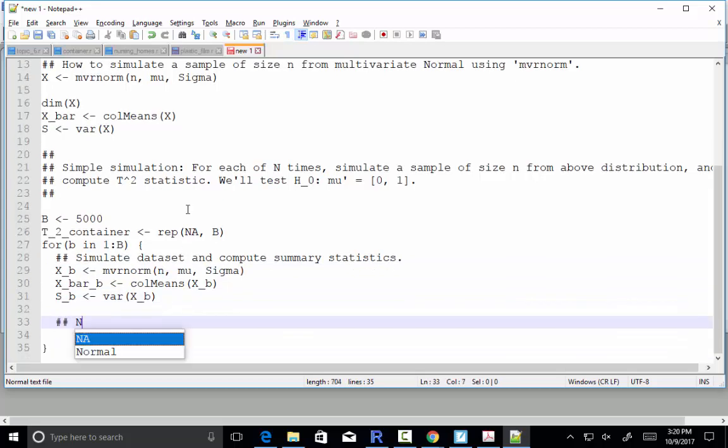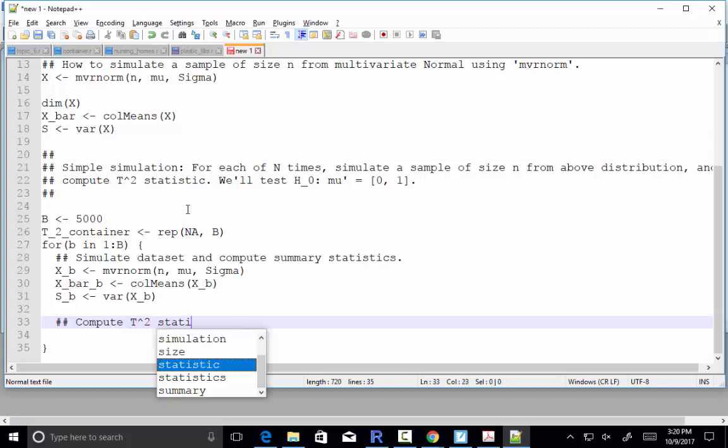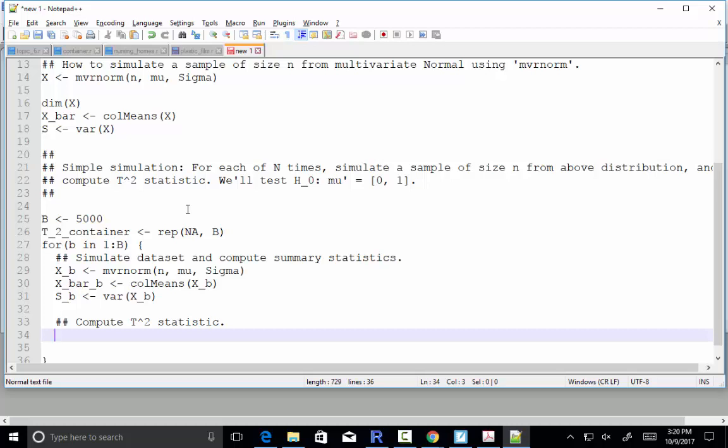Now, compute the t-squared statistic. The t-squared statistic, we'll put it in here. The current iteration is indexed by little b.